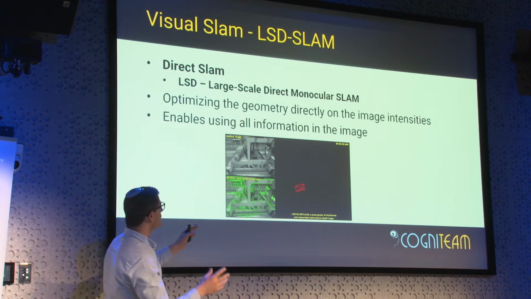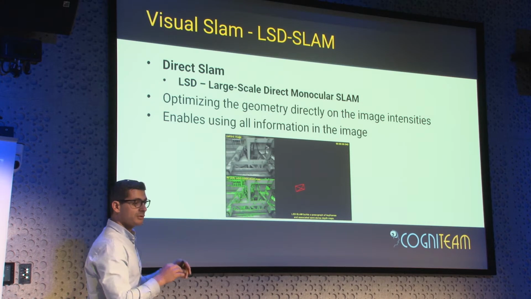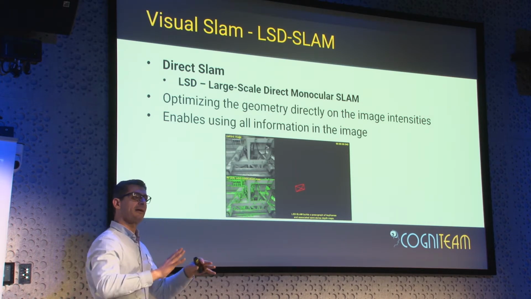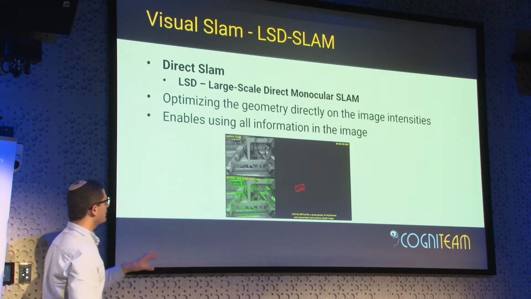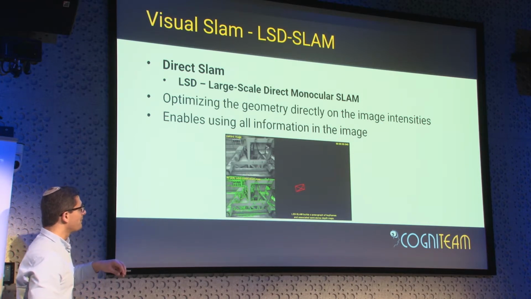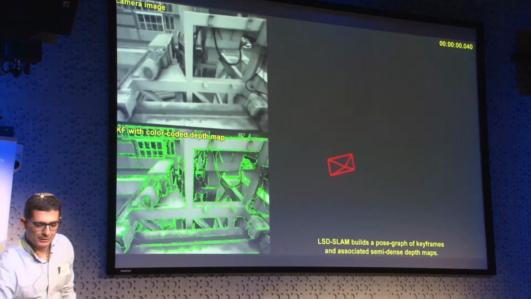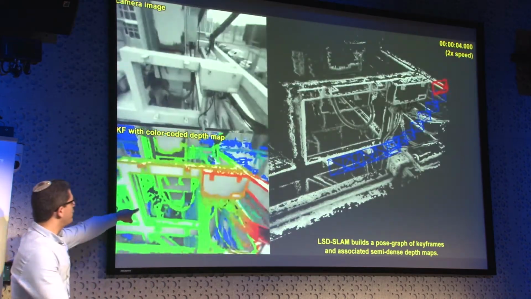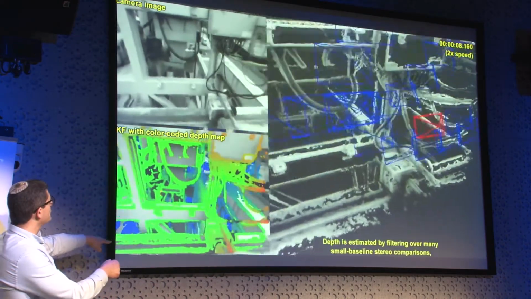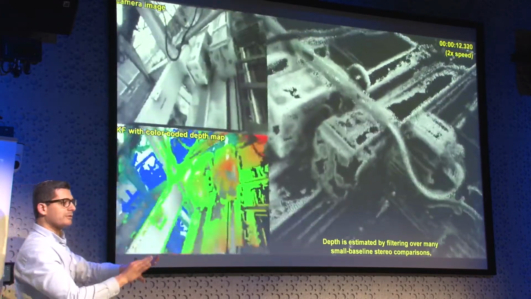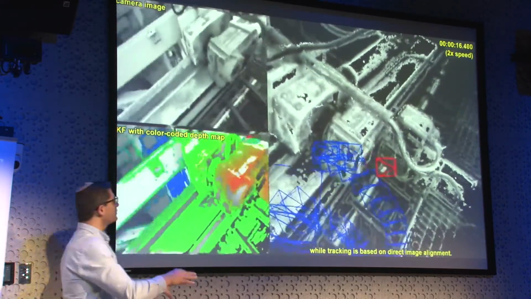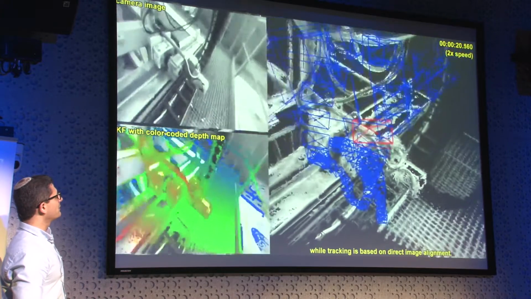Here, you work with the intensities of the image, and you can get better correspondence between images, because you have a lot of information. You see here a lot of information and not just small features, and it also uses keyframes, does the correlation, and builds the map.